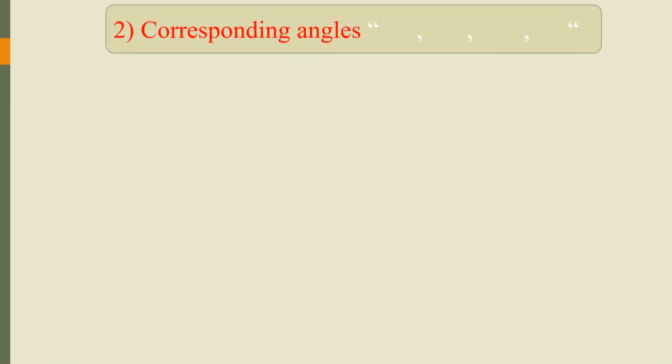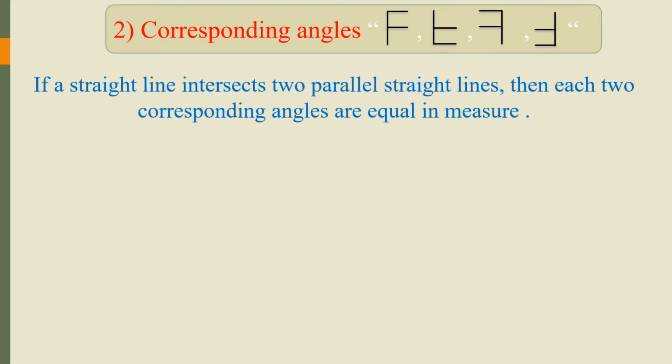Number 2, corresponding angles. Corresponding angles are identified using the letter F. If a straight line intersects two parallel straight lines, then each two corresponding angles are equal in measure.